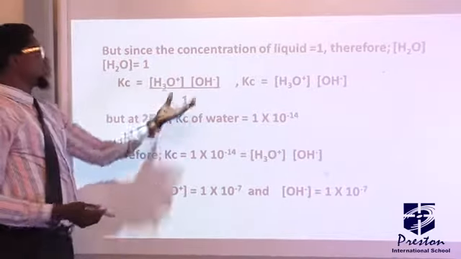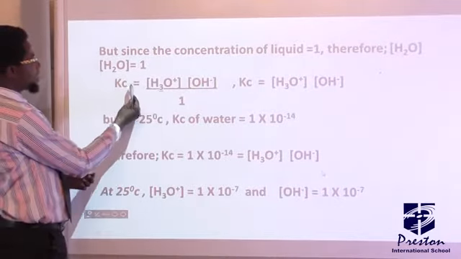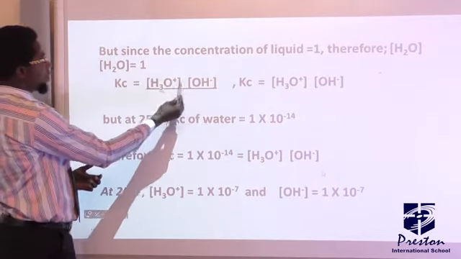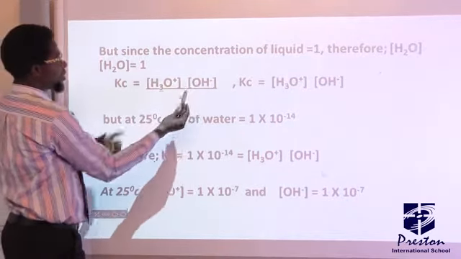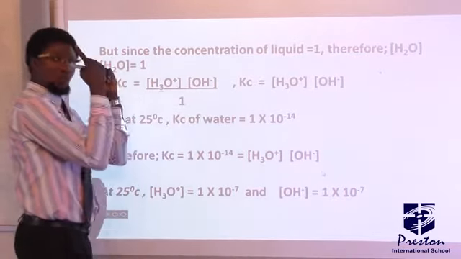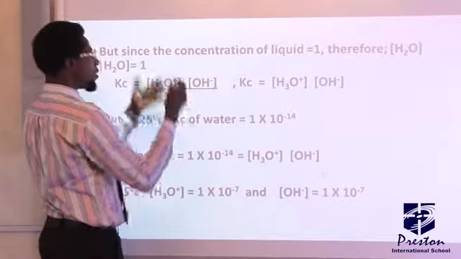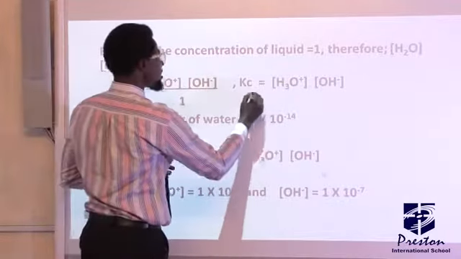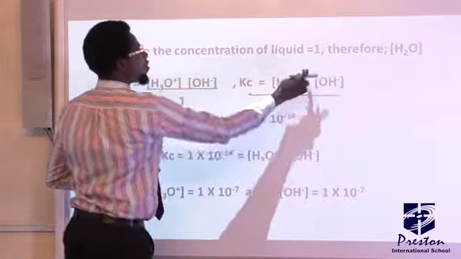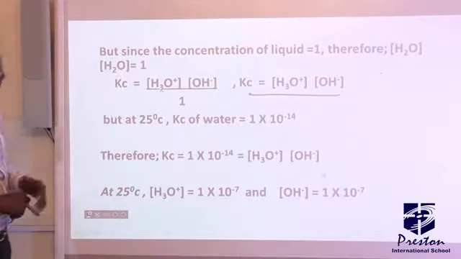So this expression you wrote in the previous page will now be Kc equals H3O+ multiplied by OH-. You know we are supposed to have H2O times H2O here. But because H2O is equal to 1, that's why we have written 1 here. So anything divided by 1 is that thing. So that's why our Kc equals the concentration of H3O+ multiplied by the concentration of hydroxide ion.